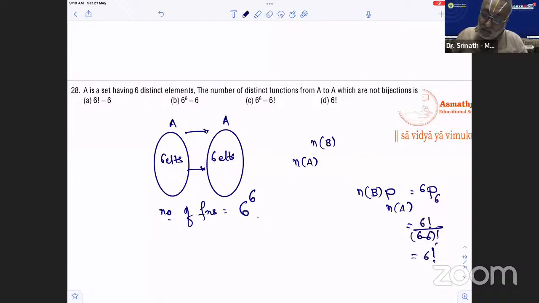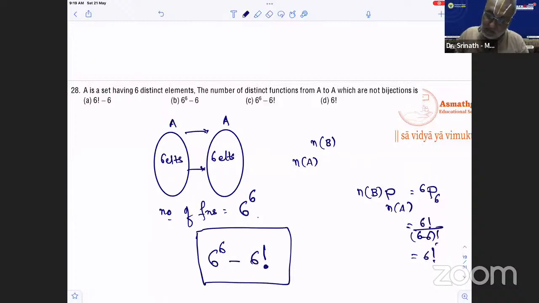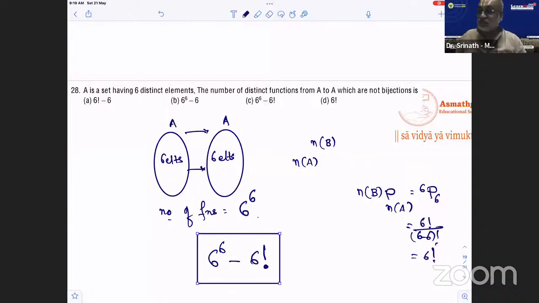Now, the total number of functions is this, and the number of bijections is this. So we want the number of functions from A to A which are not bijections. So in the total 6 to the power of 6, I'll have to remove 6 factorial. So this should be your answer. I am sure you would have followed this.